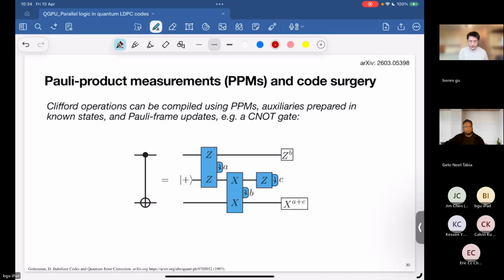So Clifford operations can be compiled using the PPMs and with auxiliaries preparing some non-state and up to some Pauli frame updates, or maybe Clifford updates, but those are not difficult.